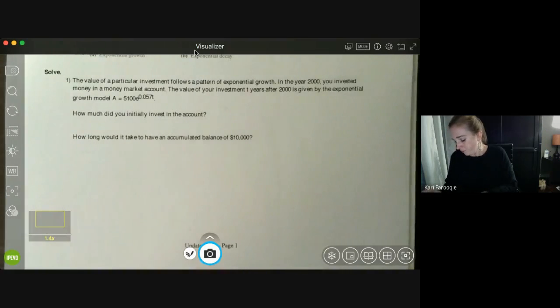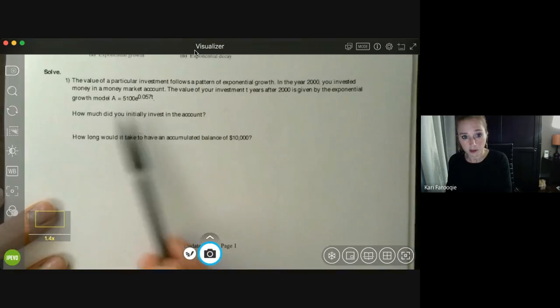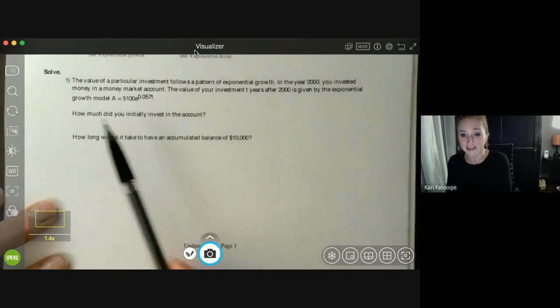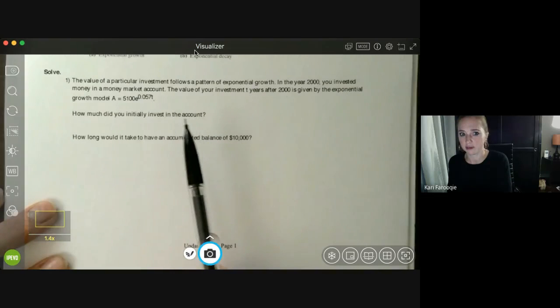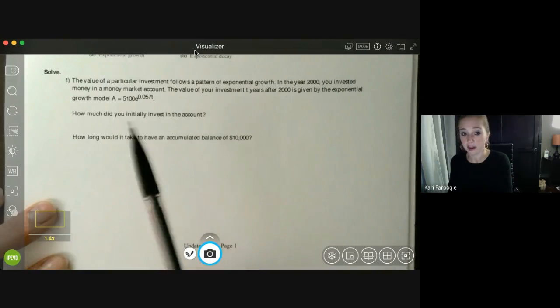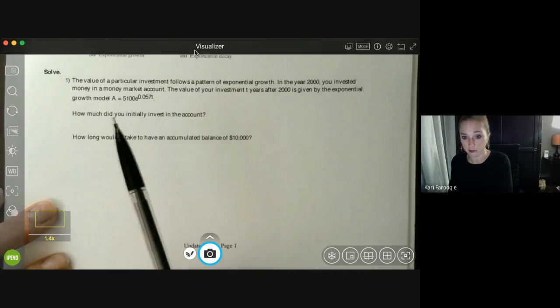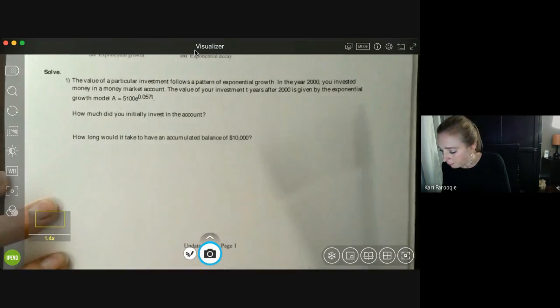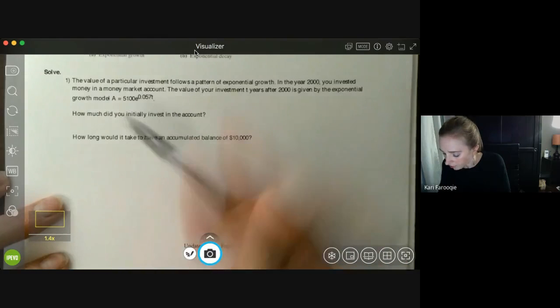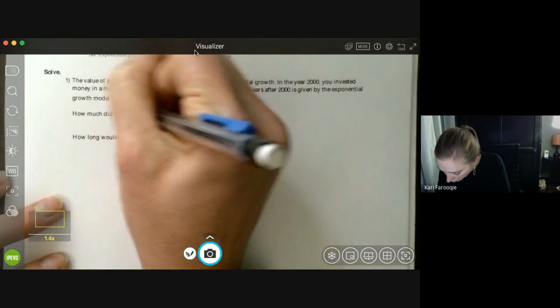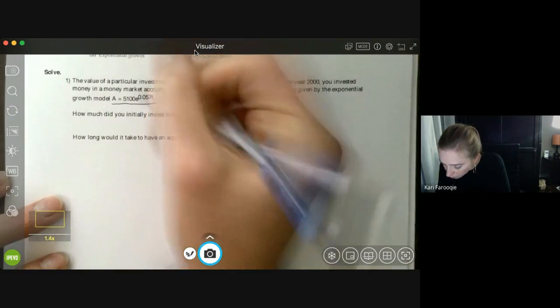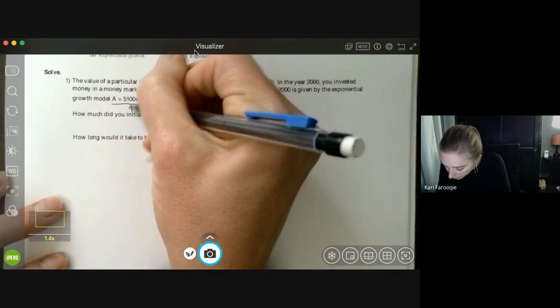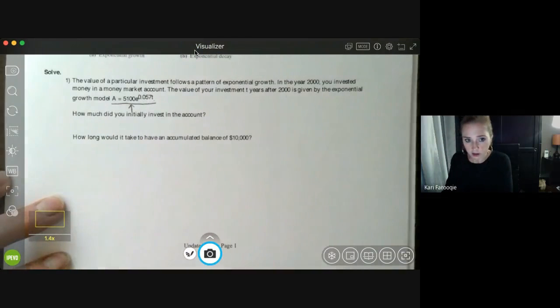Now, there's barely any space here, and that's by design. This is not something that you're supposed to really think hard about. This is just, can you interpret the function for the growth in your account? So this is just based off of the growth model that you're given. Remember that your value A sub naught is this constant in front of the exponential expression.